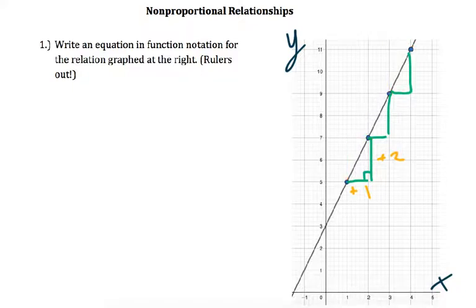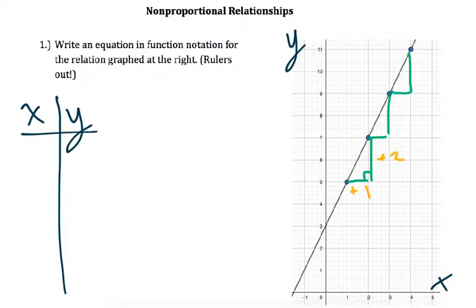And the reason that I am talking about the graph right now is because we're going to also deal with the table in a moment. So let's set up a table where we see 0, 1, 2, 3, 4. And I'm seeing, well, at 1 I have a value of 5.